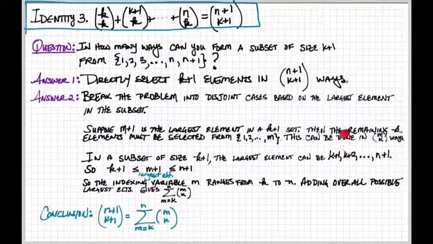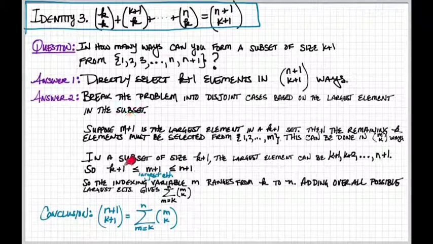So these are the different cases where the largest element is k plus 1, where the largest element is k plus 2, up to where the largest element is n plus 1. So our largest element, which we're calling m plus 1, has to be between k plus 1 and n plus 1. Well, that means the cases m really range between k and n.